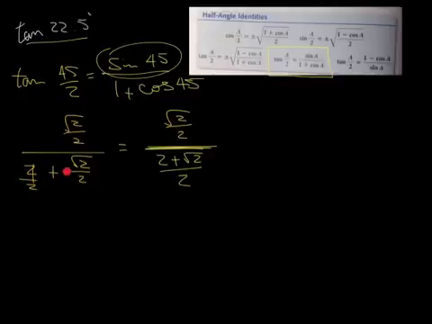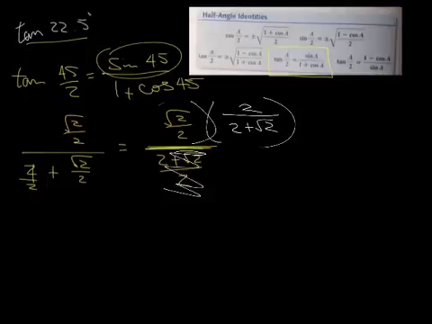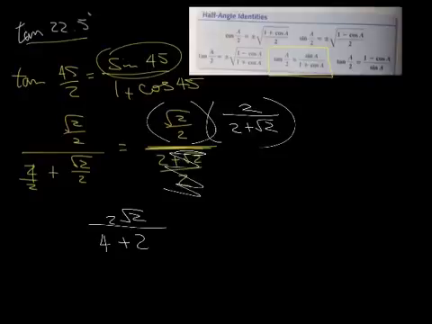I needed to combine those so that I can flip them over and multiply times up here. Okay, so now I can multiply those together and get, and let's put the answer down below, 2 square root of 2 over 4 plus 2 square root of 2.